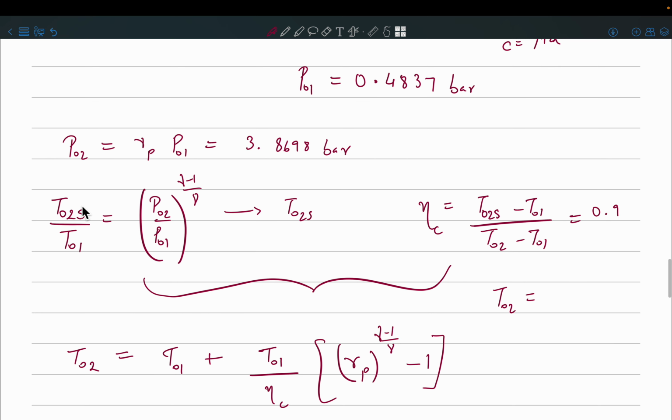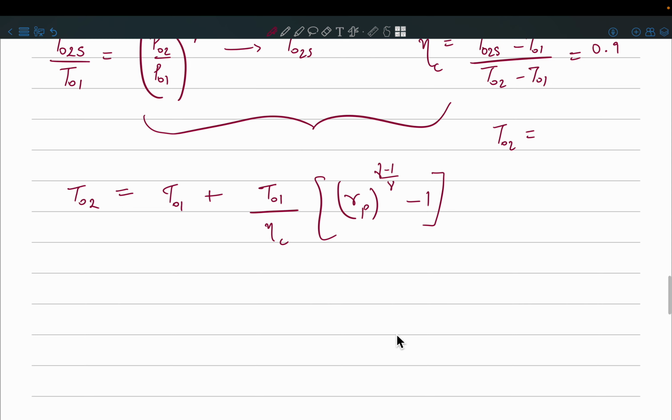Okay, so basically you put this T02s in terms of the pressure ratio in the definition of eta C, and then you rearrange to find T02, so you will get this formula. Okay, so the answer I have over here for T02 is 493.16 Kelvin.